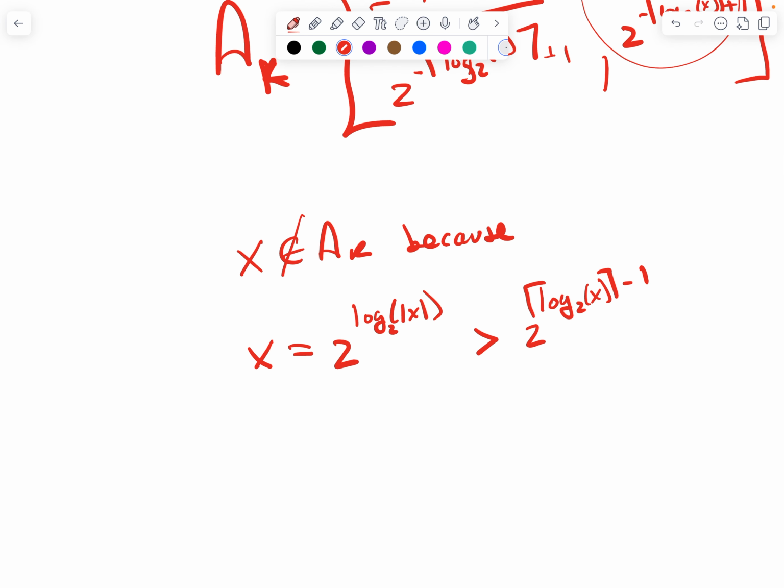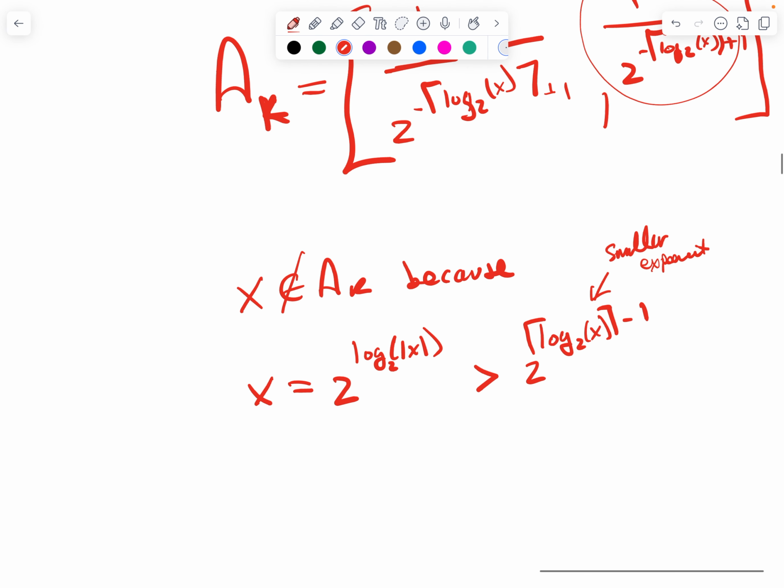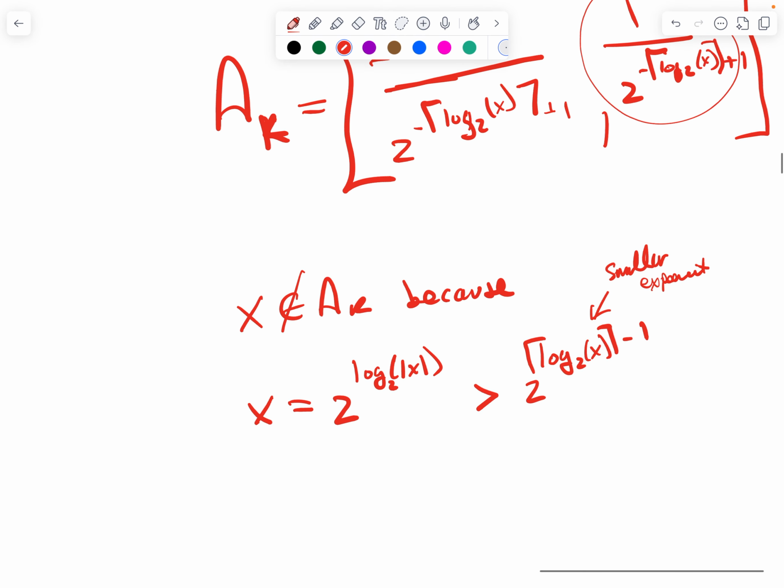Well, we've got the ceiling function here, so we're rounding up, but then we subtract 1 from this. So you end up with a smaller exponent, and so the actual number will be smaller.